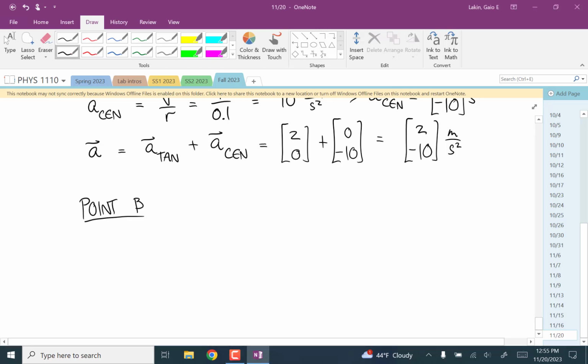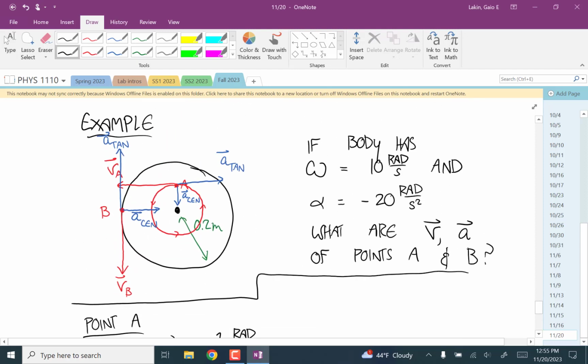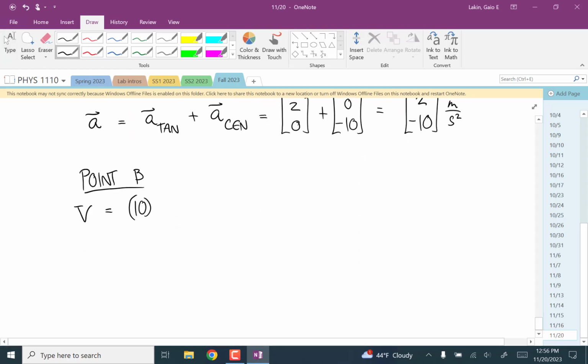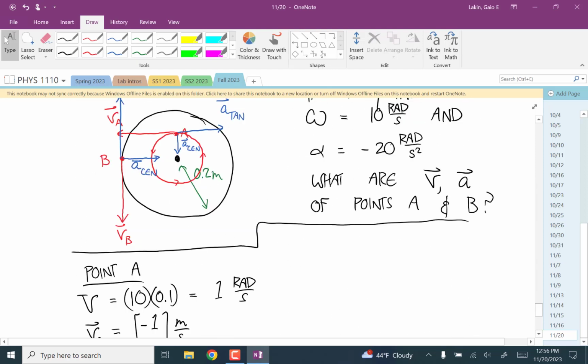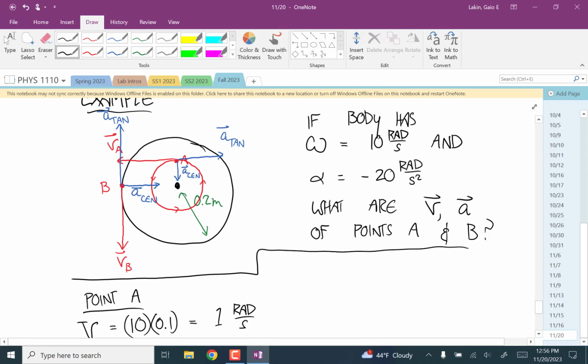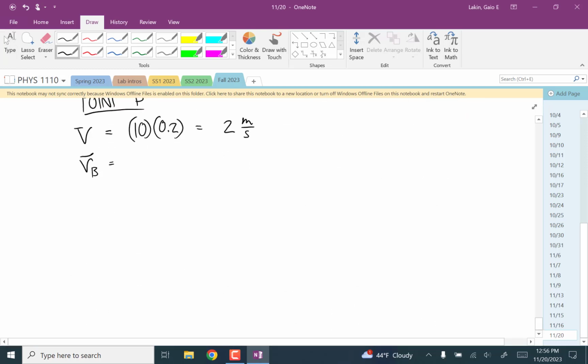Okay, so first, to find the velocity, the speed is equal to 10 times, what's the r value for the point B? 0.2. So this is 2 meters per second. We figured out before that the velocity vector is in the negative y direction. So the velocity vector is 0, negative 2.